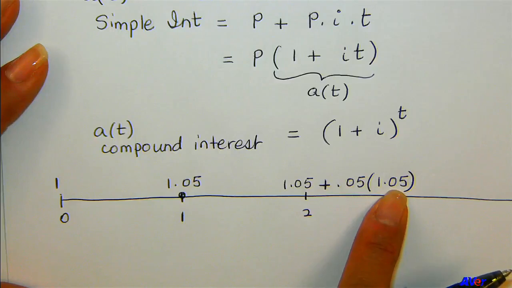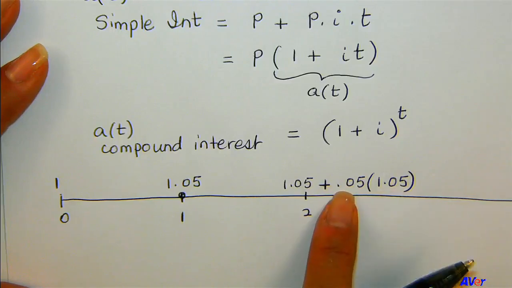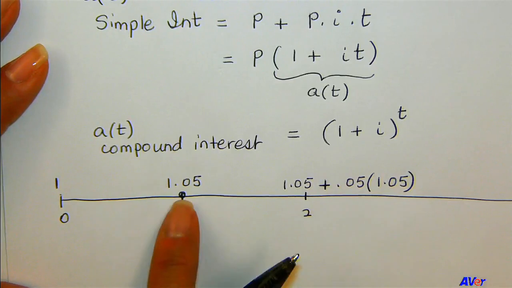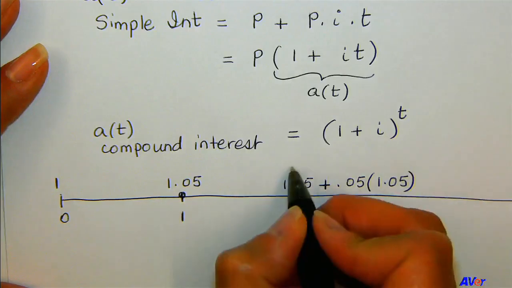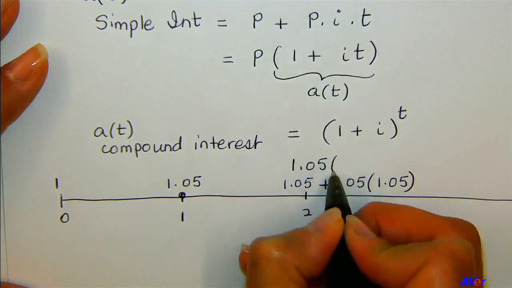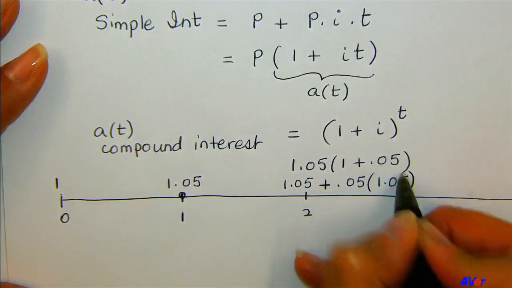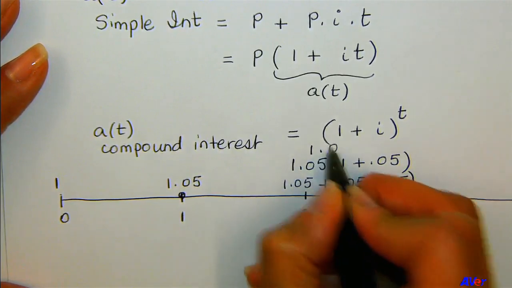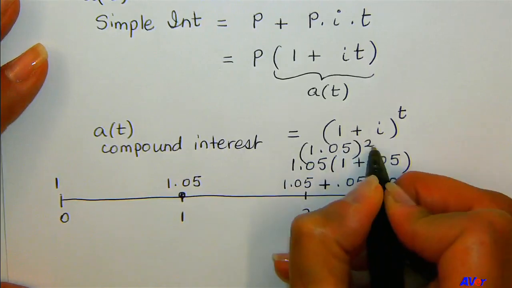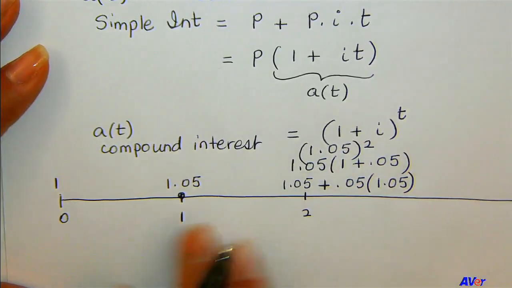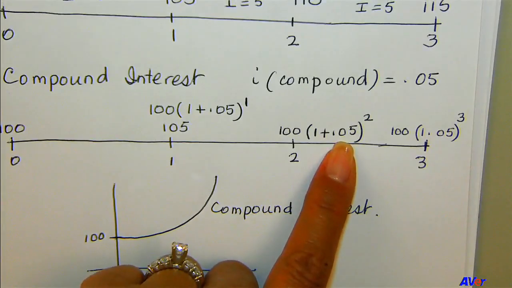Are you following me? 5% compound interest on the 1.05 that I began this second year with. So when I factor out the 1.05, you get 1 plus 0.05. In other words, 1.05 squared. That's where this 1.05 squared came from. Are you following me?